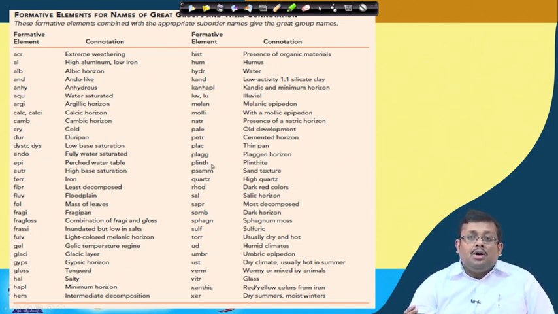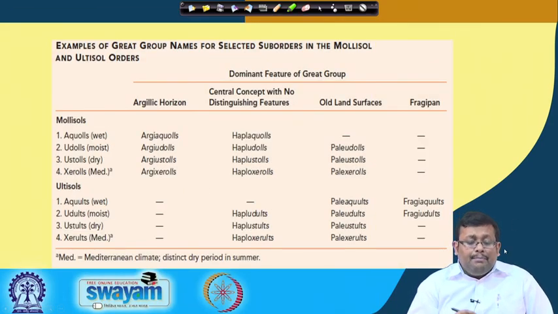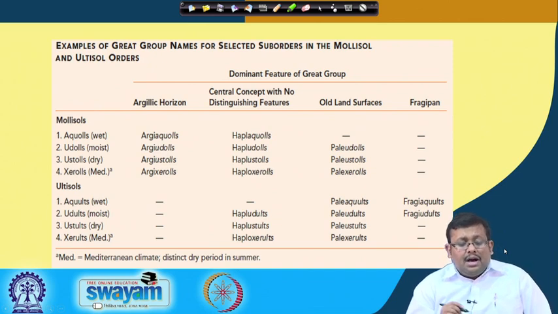So, based on the presence or absence of a particular subsurface or diagnostic horizon, they are naming different types of great groups. Let us see an example of great group names for selected suborders in the Mollisol and Ultisol orders.